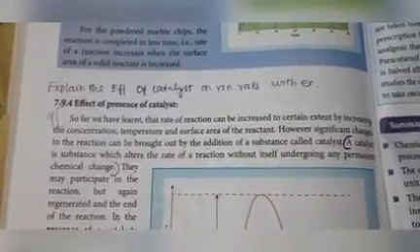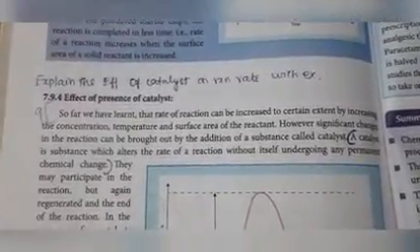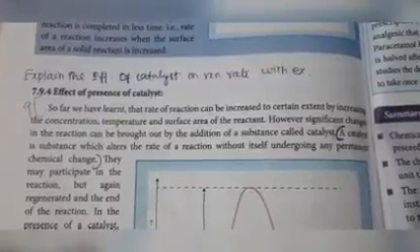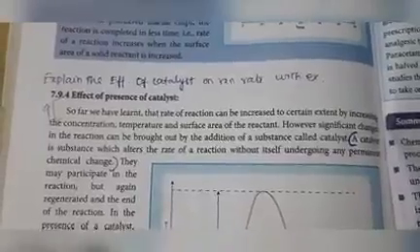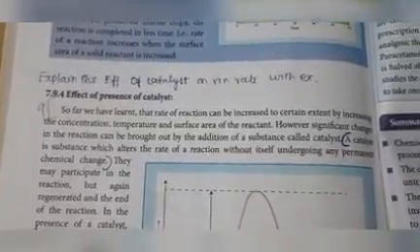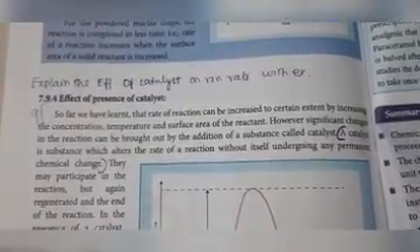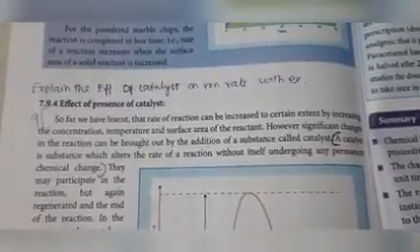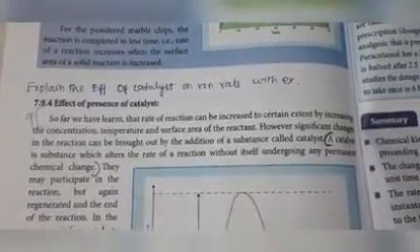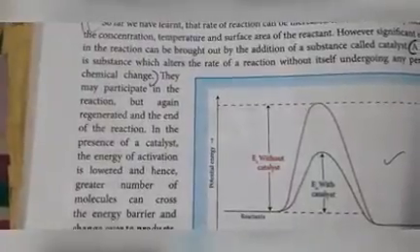It may increase or decrease the rate of the reaction without itself undergoing any permanent chemical change. It can participate in the chemical reaction, but the final form of the catalyst is the same. They may participate in the reaction, but are regenerated at the end of the reaction.